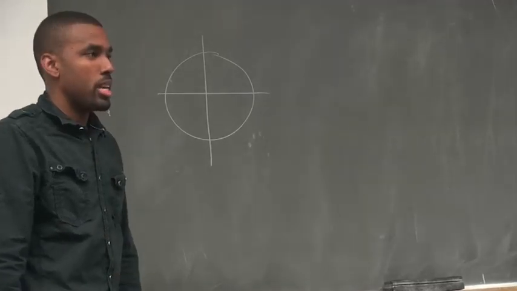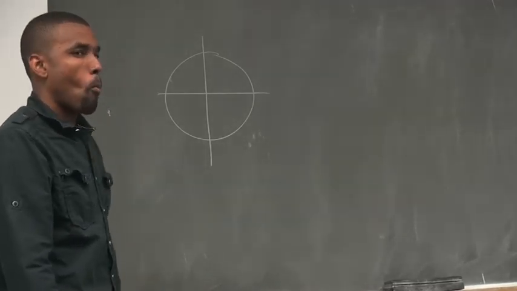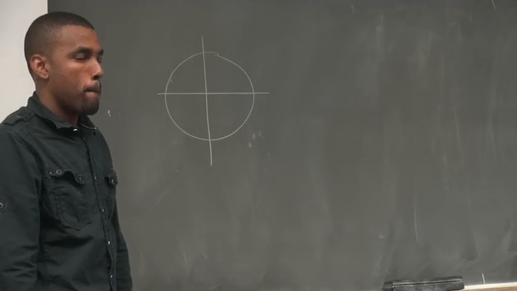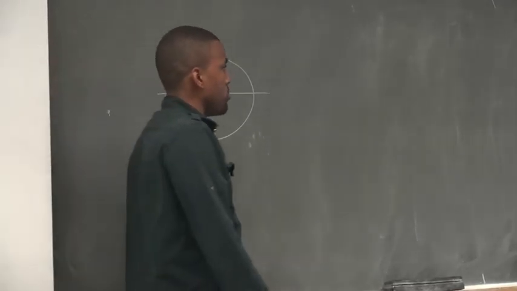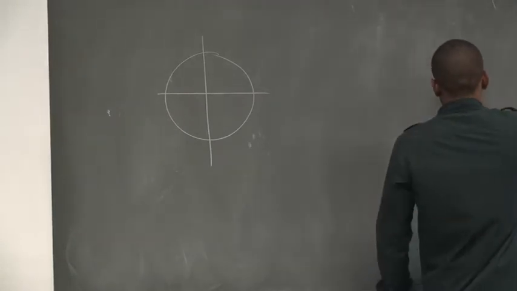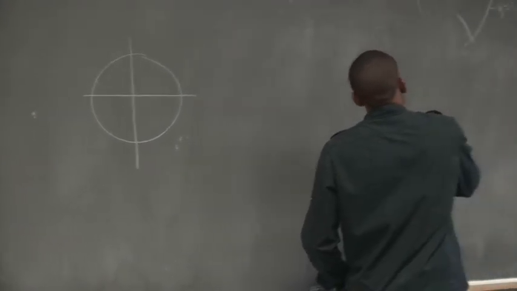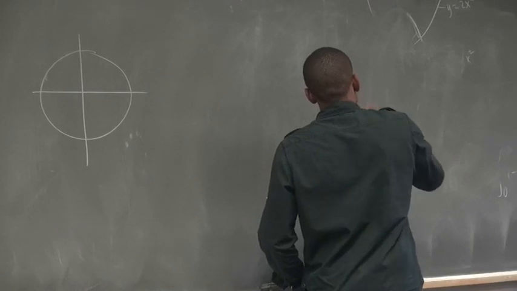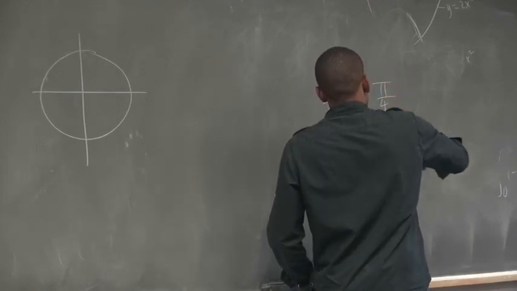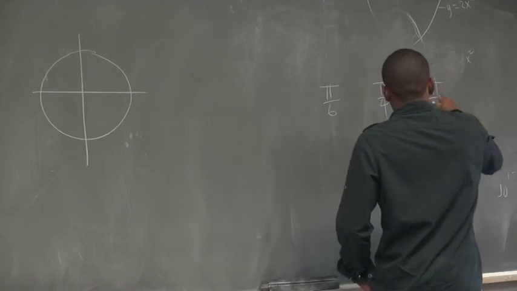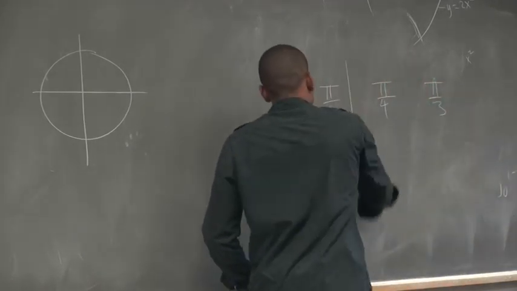What are the so-called special angles? 30, 45, 60 degrees, right? Which in radians is what? Pi over 6 is 30 degrees. Right.